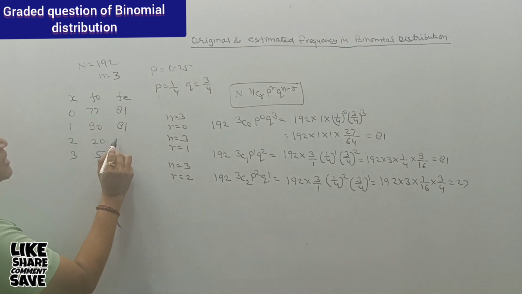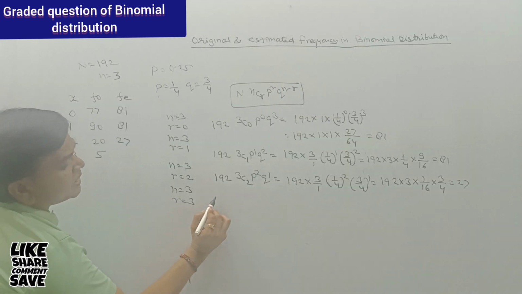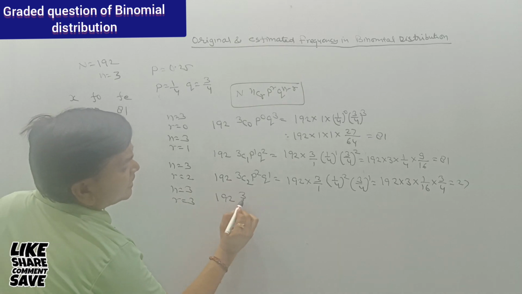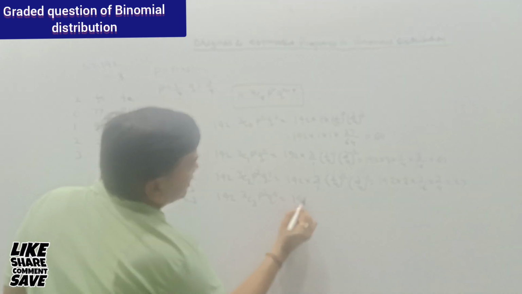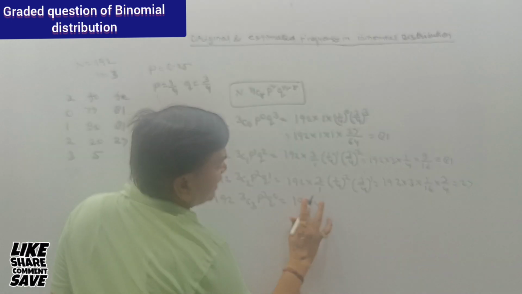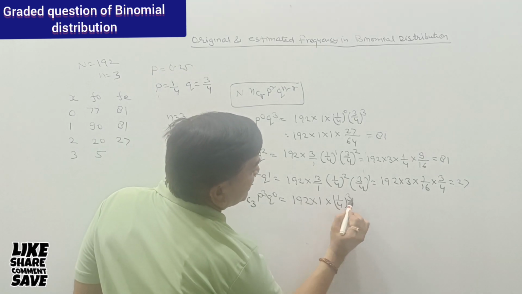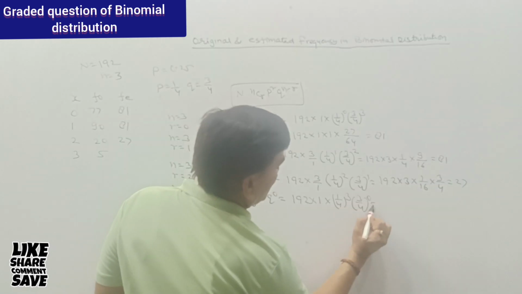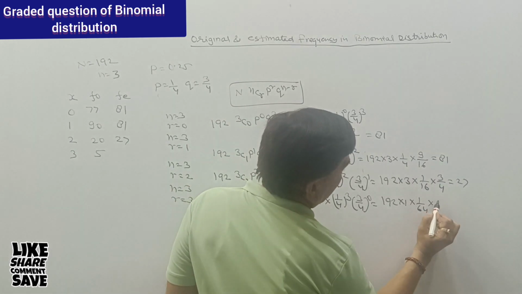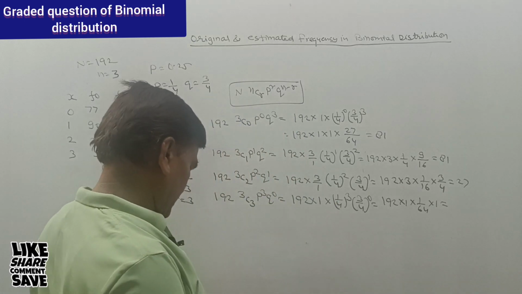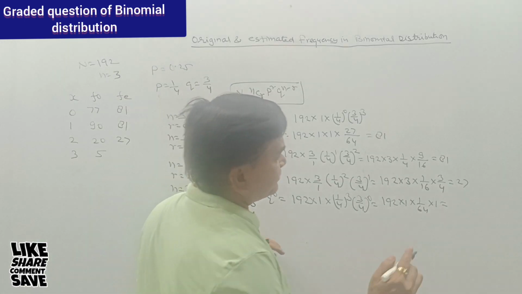So the frequency of this is 27. And the last one, n is 3 and r is also 3. So 192 × 3C3 × p^3 × q^0. 3C3 is 1, multiplied by (1/4)^3 and (3/4)^0. So 192 × 1/64 × 1. So this value will be 3.